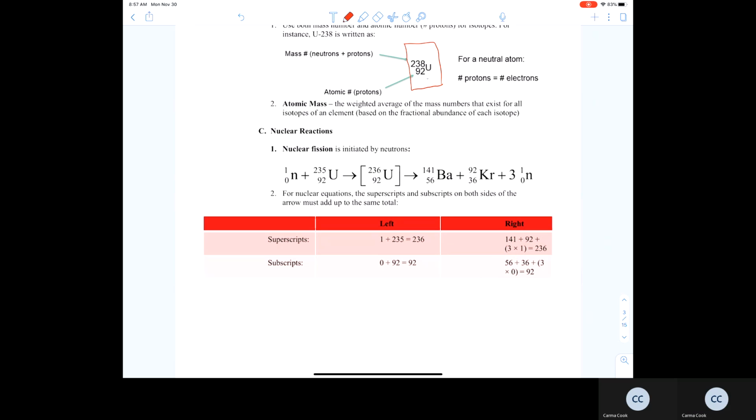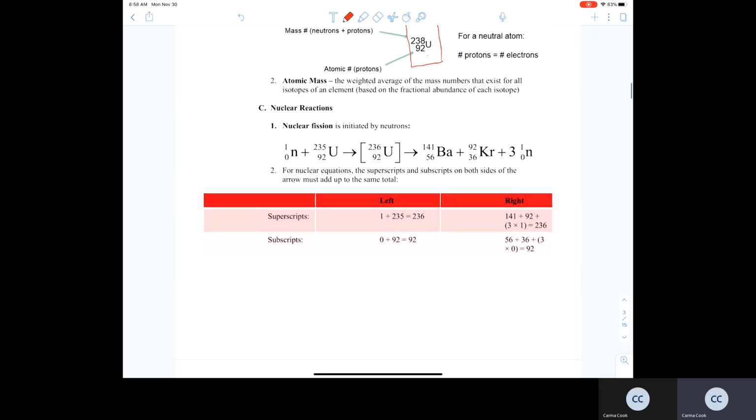And so nuclear fission reactions, which split a large radioactive element's nucleus into smaller nuclei, have to be initiated by a neutron. And so the symbol for a neutron is a 1 superscript and a 0 subscript, and then the lowercase n symbol for neutron.